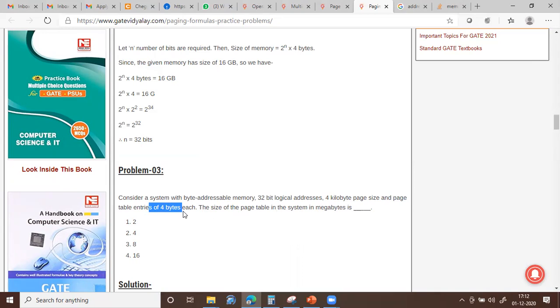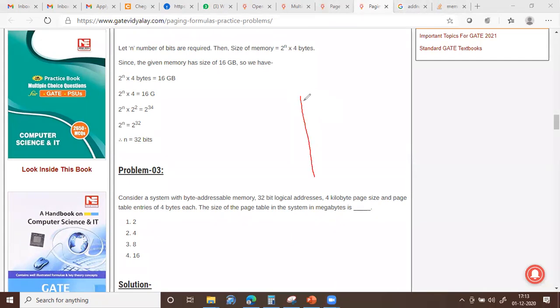First, let us be very clear with the question. What does it say? Consider a system with 4 byte addressable memory.